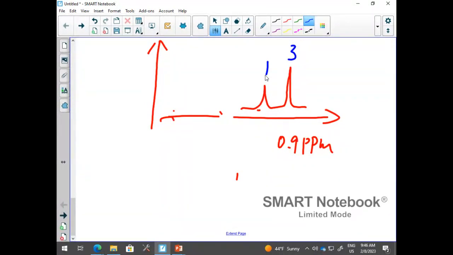So the area ratio is 1 to 3. Here is CH2, here you have CH3, and you have 2 of them. So the total area ratio is 1 to 3. That's what you're expecting from this compound up to this point.